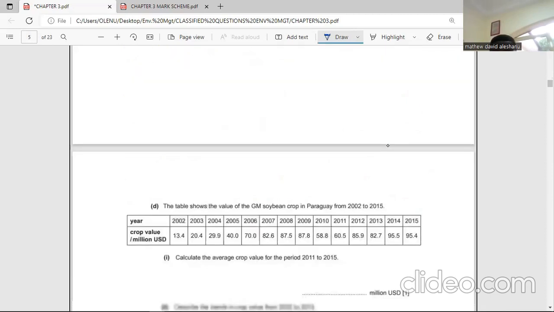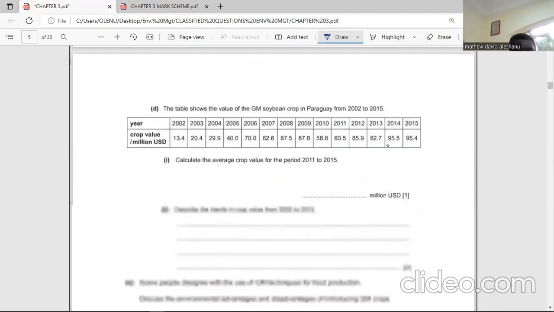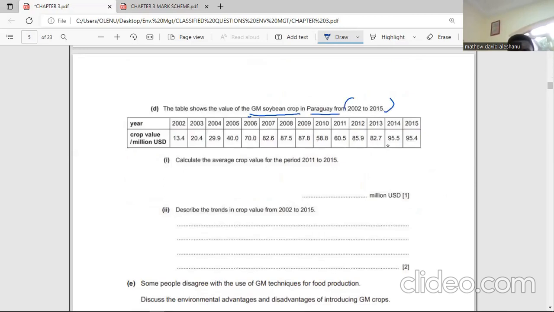Now, here they said the table shows the value of genetically modified soybean crop in Paraguay from 2002 to 2015. So we have the year and the crop value in million USD. They say calculate the average crop value for the period 2011 to 2015.